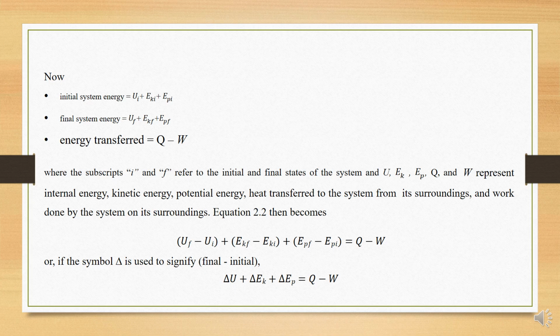Now, initial system energy is equal to, final system energy is equal to, energy transfer is equal to, where the subscripts I and F refer to the initial and final states of the system, and represents internal energy, kinetic energy, potential energy, heat transfer to the system from its surroundings, and work done by the system on its surroundings respectively.